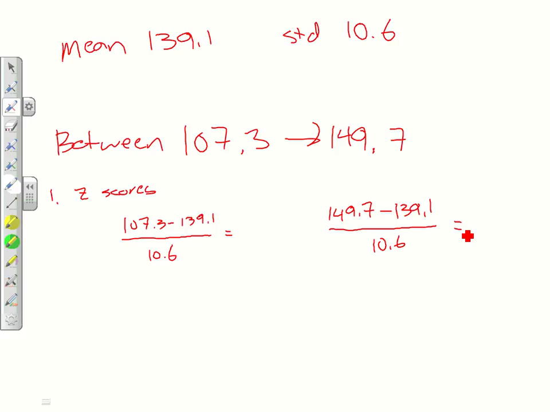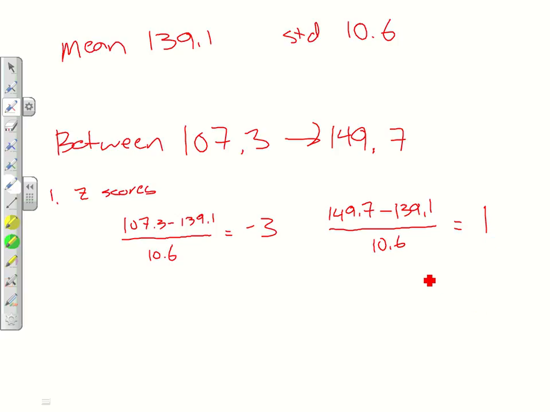Ms. Devries, what do we get for our first z-score? -3 on the dot. Ms. Bushman, what'd you get for the second one? Did we get 0.1 or did we get 1? Ended up getting 1. Okay? So we want to figure out what percentage is between -3 and 1.